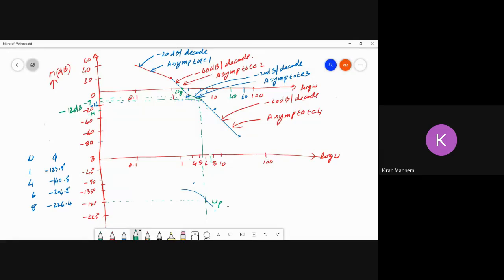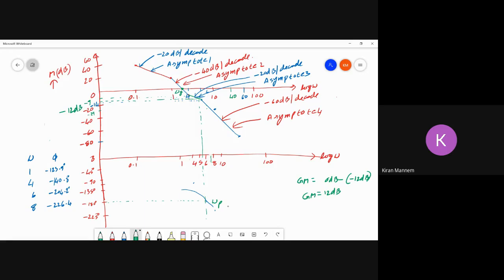So what is the gain margin? The gain margin is 0 dB minus of minus 12 dB. So it will be 12 dB. This is how you can calculate the gain margin.